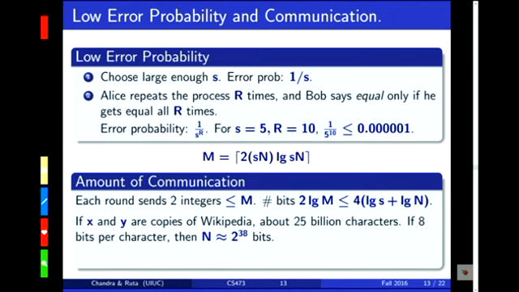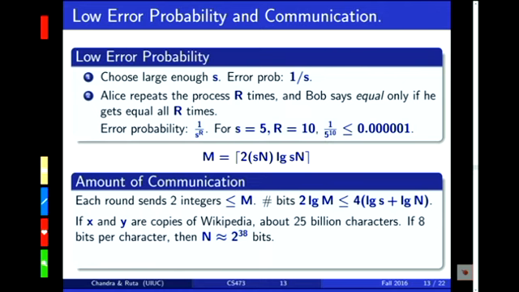So if we have, say, x and y as 2 copies of Wikipedia, as we started with, then there might be about 25 billion characters. Each character, say, 8 bits. Then n will be approximately 2 to the 38 bits. So the first naive procedure was just sending these 2 to the 38 bits.